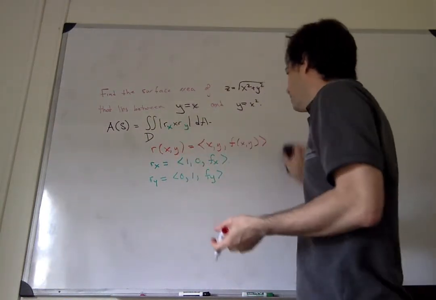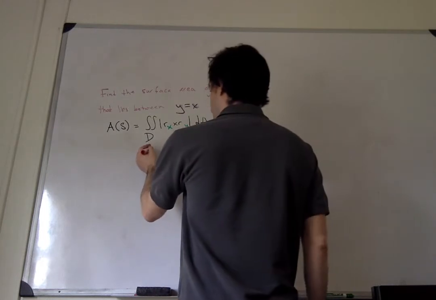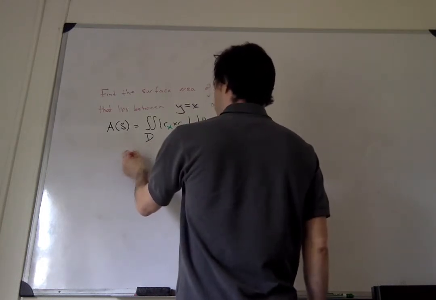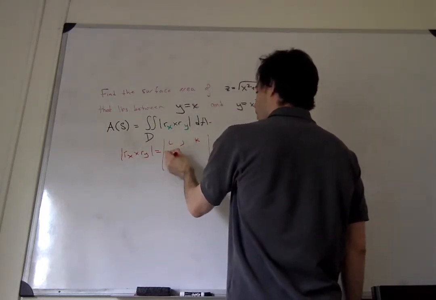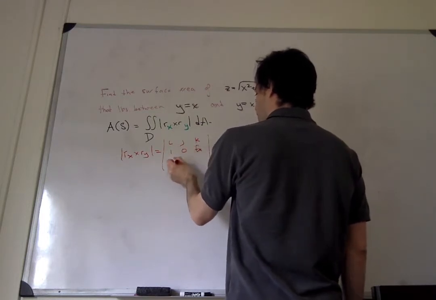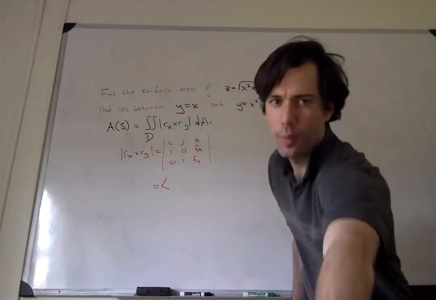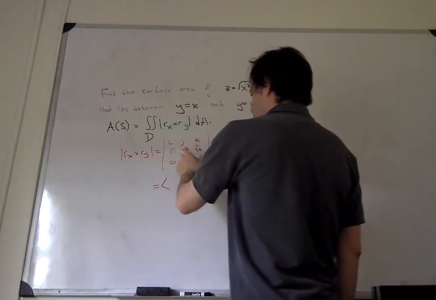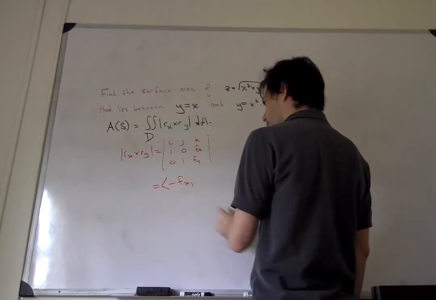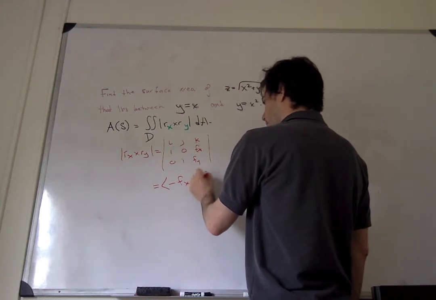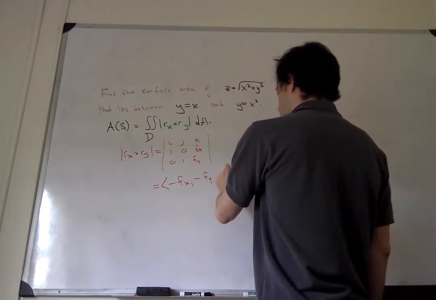So i, j, k; 1, 0, fx; 0, 1, fy. When I multiply those, they cancel, so I get minus fx, minus fy, and 1.